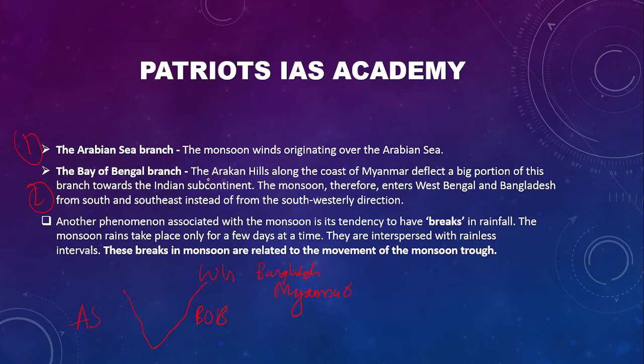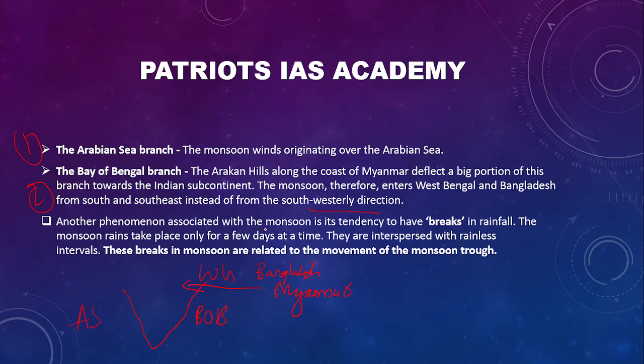In the Bay of Bengal branch, the Arakan Hills along the coast of Myanmar deflect a big portion of this branch towards the Indian subcontinent. The monsoon therefore enters West Bengal and Bangladesh from south and southeast instead of from a southwesterly direction.